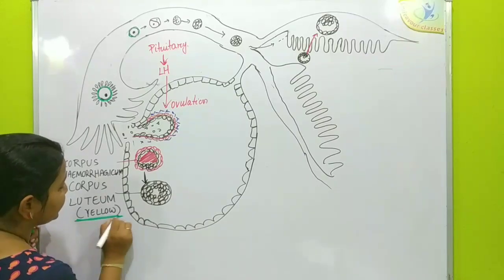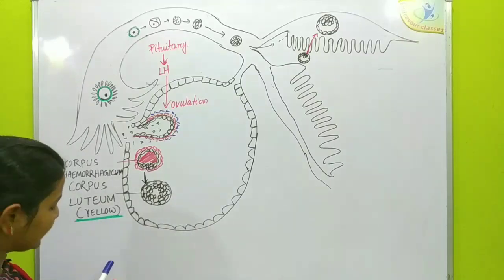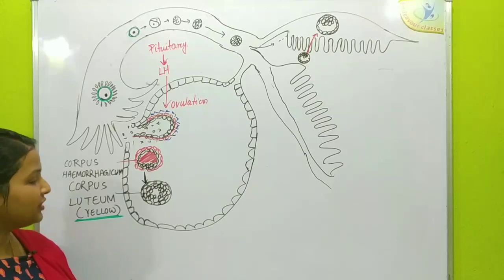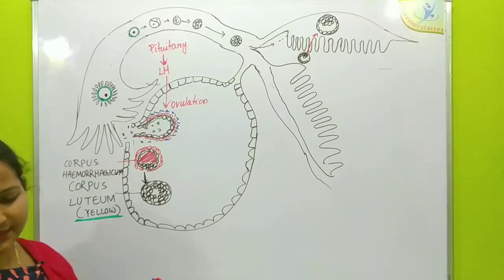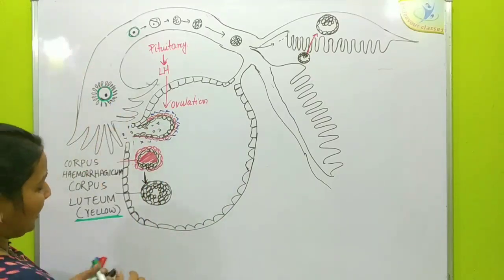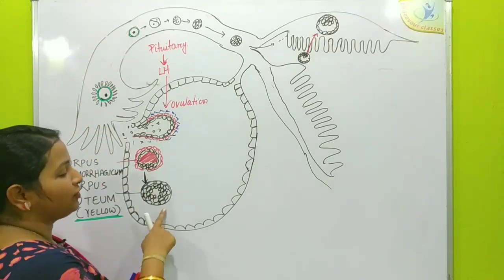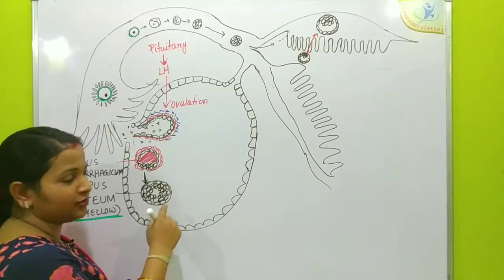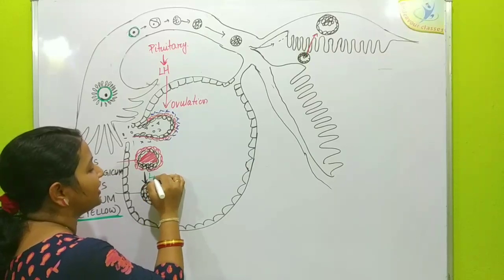The thecal cells are small luteal cells and the granulosa cells are large luteal cells, due to the deposition of a high amount of lutein inside them. This process of formation of corpus luteum from corpus hemorrhagicum is called luteinization.